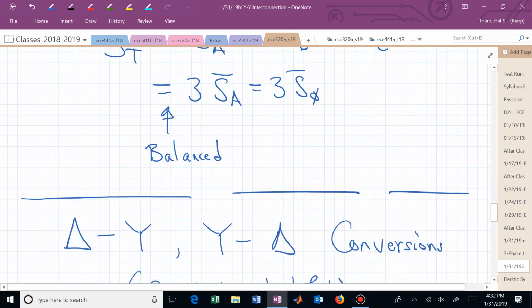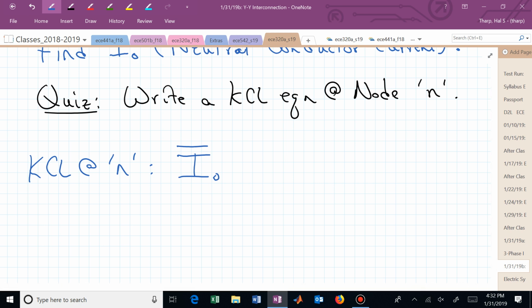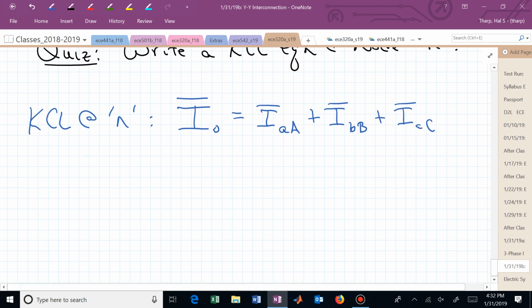And what did we just say? So now our KCL equation at node little n, we said in terms of general labels or variables, that was I naught, the current that we had labeled in the neutral conductor, was equal to I sub little a big A, I sub little b big B, and I sub little c big C. And now we just write those currents in terms of the voltages on that diagram.